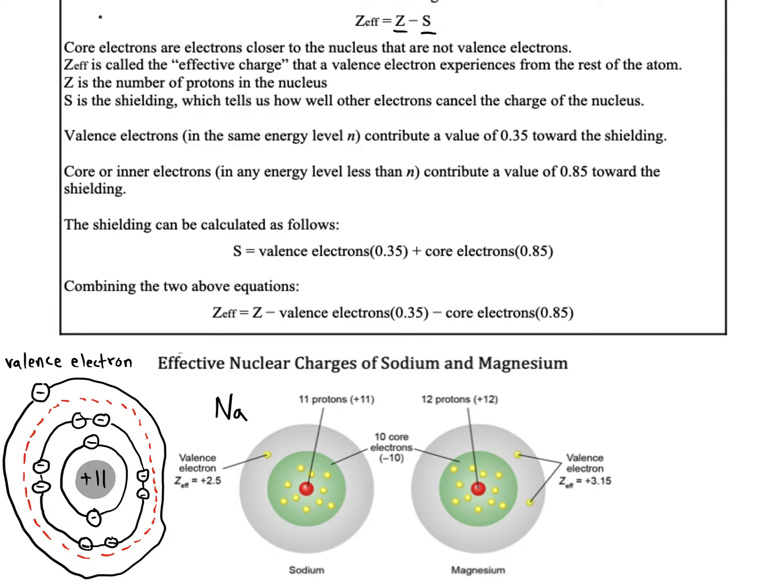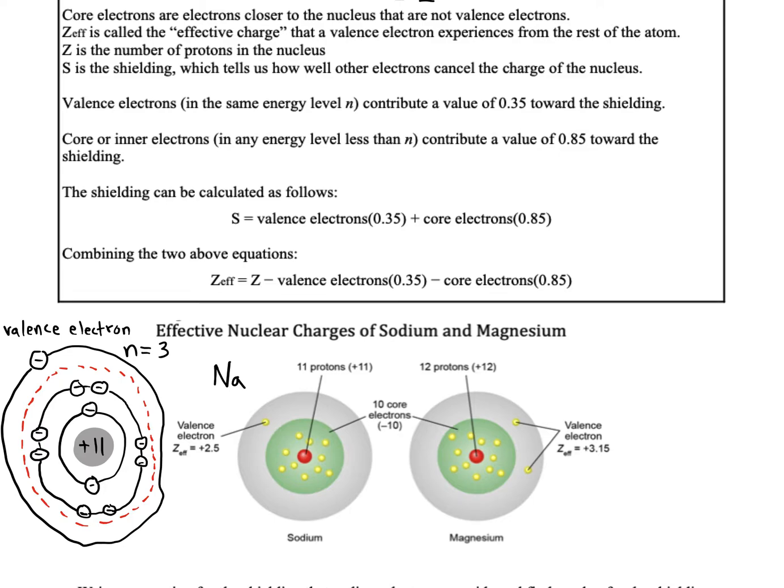Now, electrons that are not valence electrons, that are at an energy level less than the outer ring here, are going to be called core electrons. And core electrons can provide shielding from the nucleus, meaning their charge will somewhat cancel with the nucleus's charge.